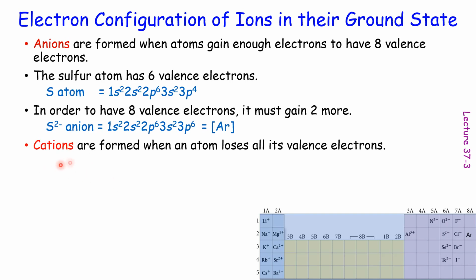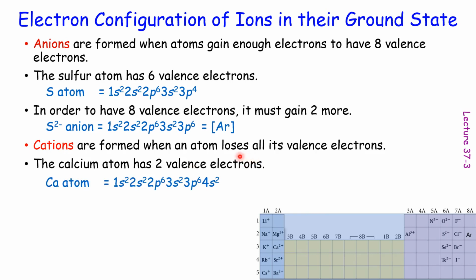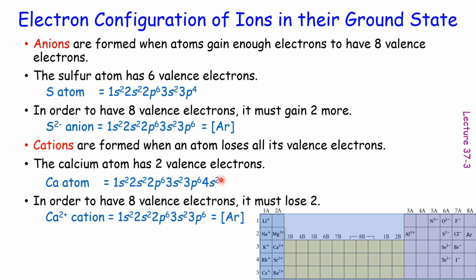Cations are formed when an atom loses all of its valence electrons. Calcium has 2 valence electrons, group 2A. After losing those 2 valence electrons, there are no valence electrons anymore.